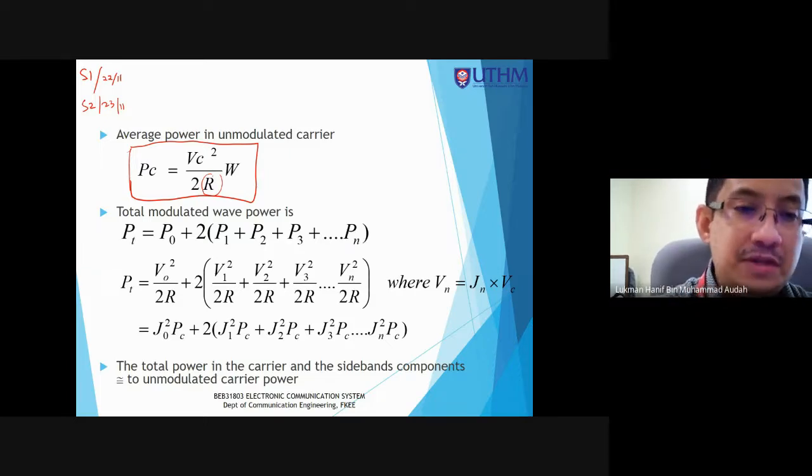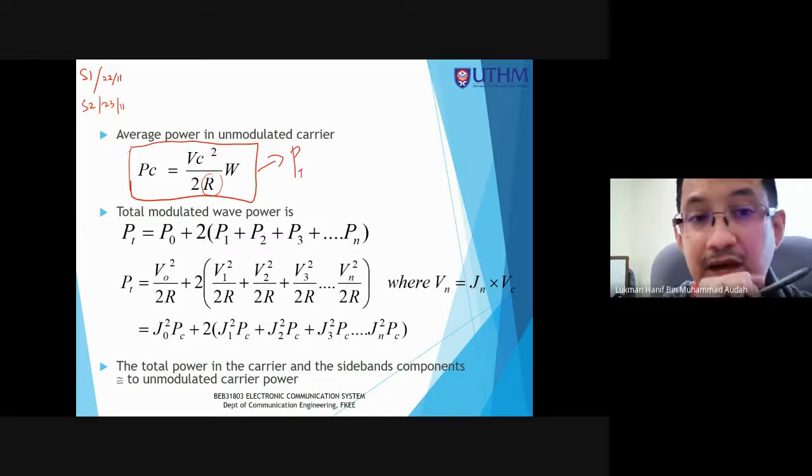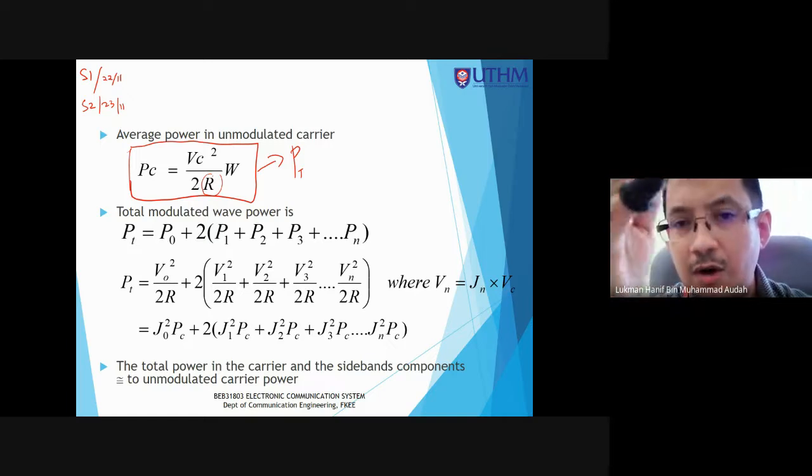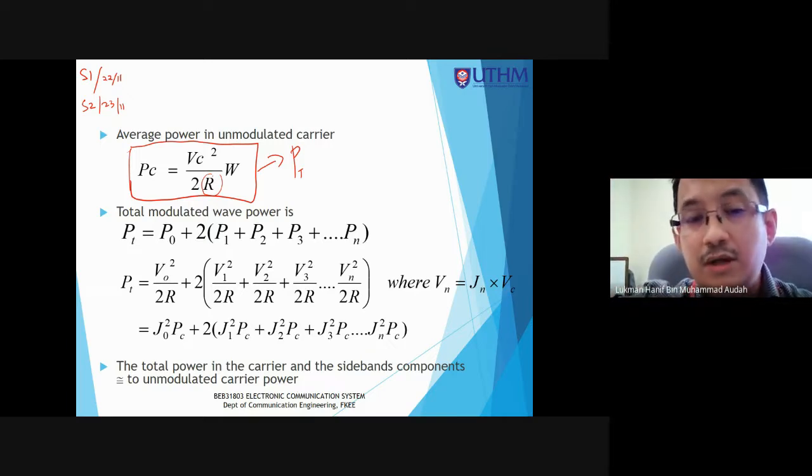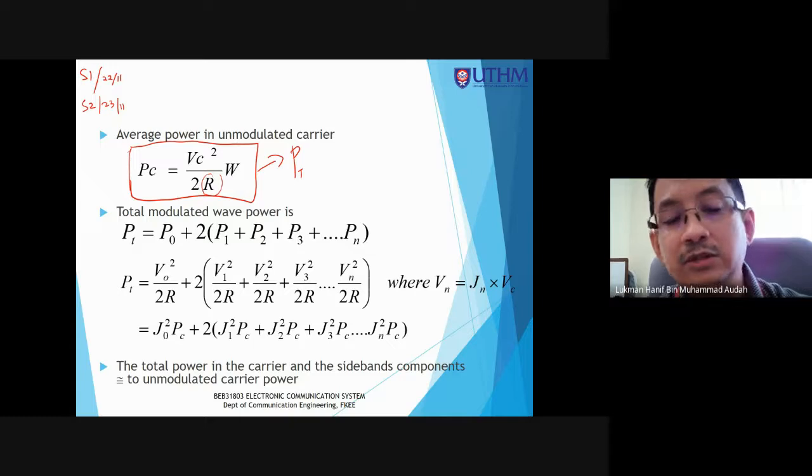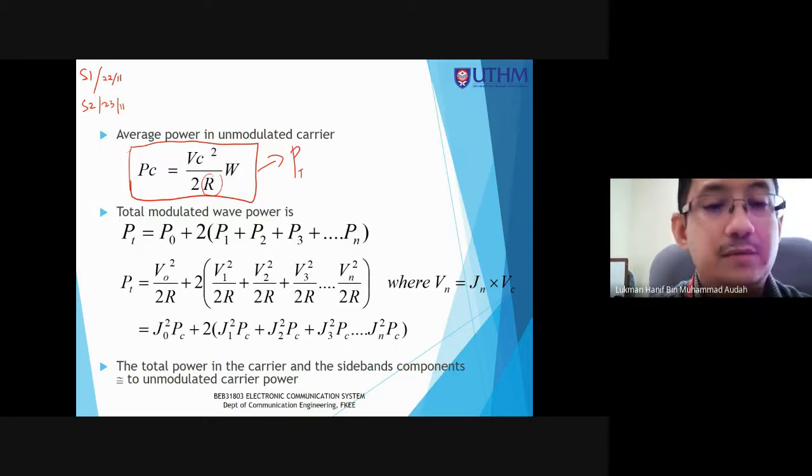Theoretically you will see later that this Pc is also equal to the total power. We have added everything up. We added all the component powers. Finally, we get the total power equal to the carrier power.